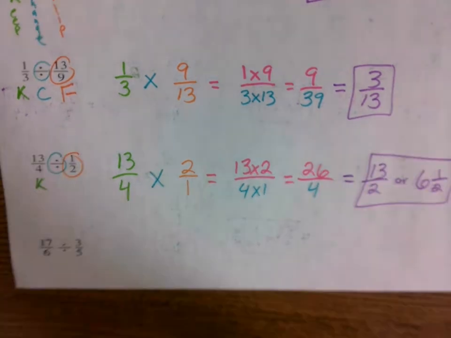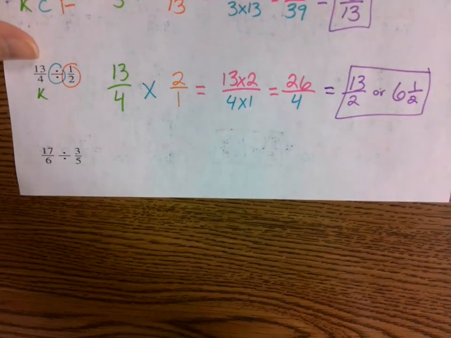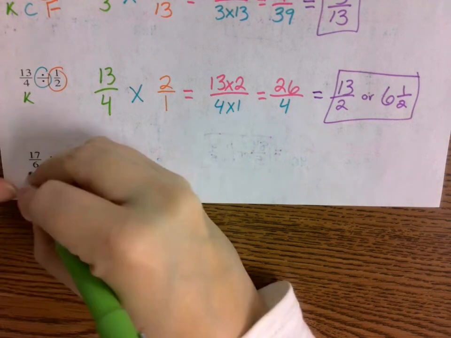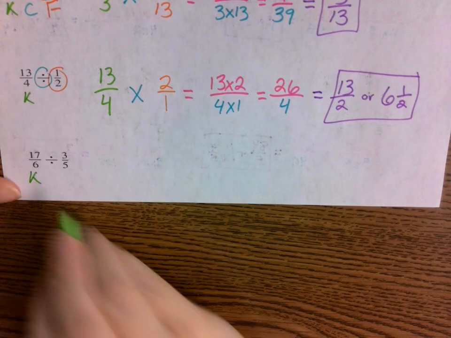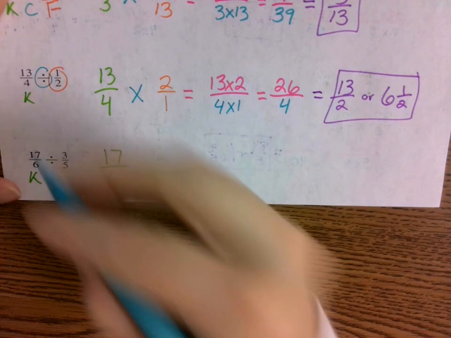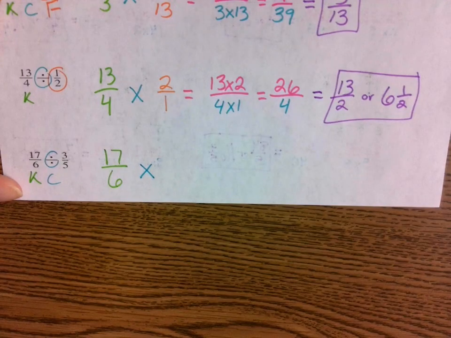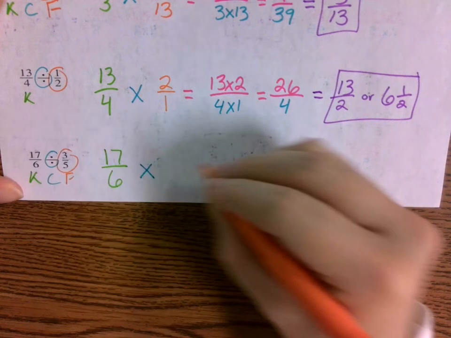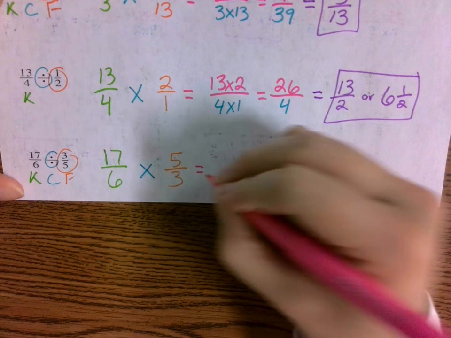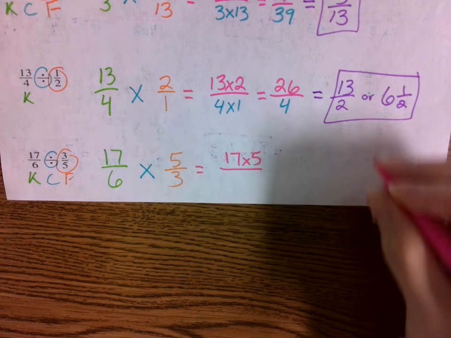For the last problem, we're going to keep the 17 over 6 as is. We're going to change that to multiplication, and then we're going to flip. This becomes 5 over 3. We then multiply 17 times 5, which comes out to 85.